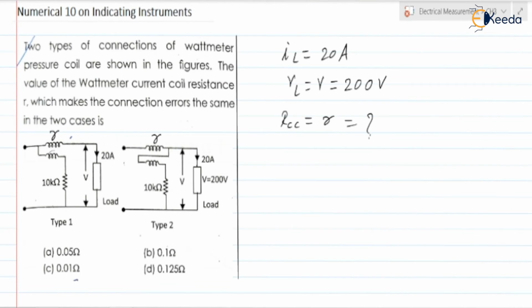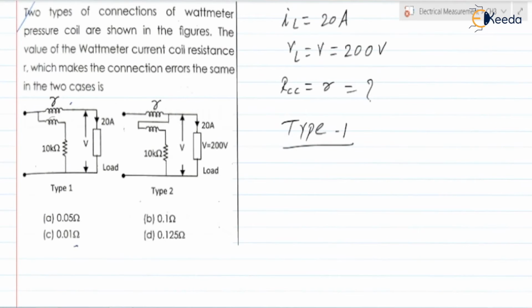Now if you check type 1, in type 1, as the current coil is connected at the load side, the error is equal to the power consumed by the current coil.